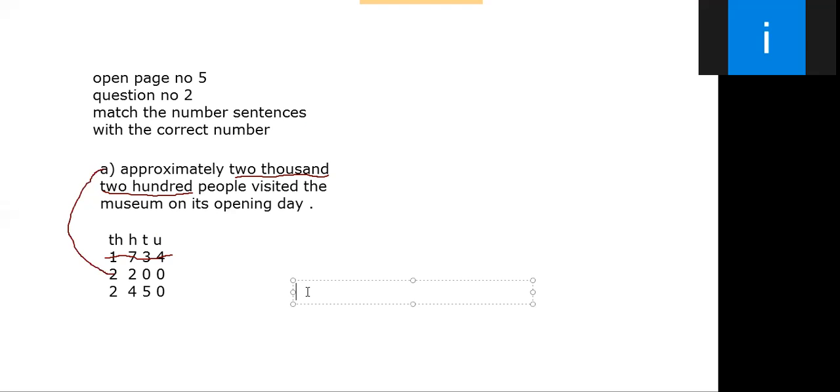Now kindly write in your diaries. Do question number 1 of page number 4 on book.